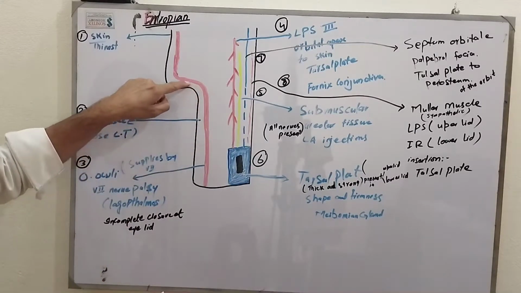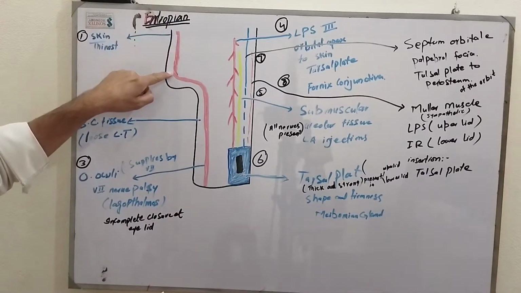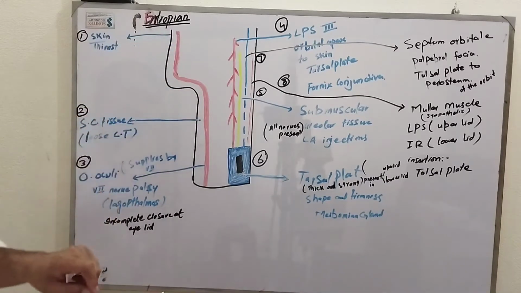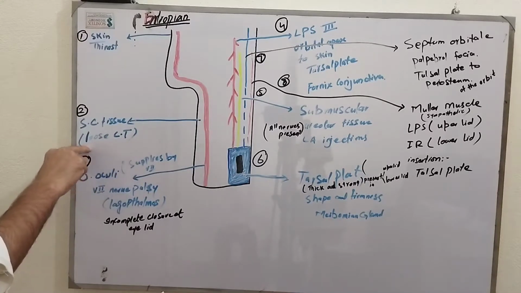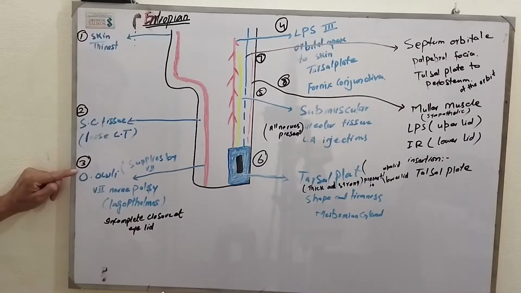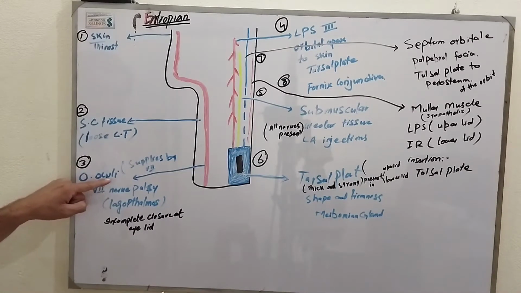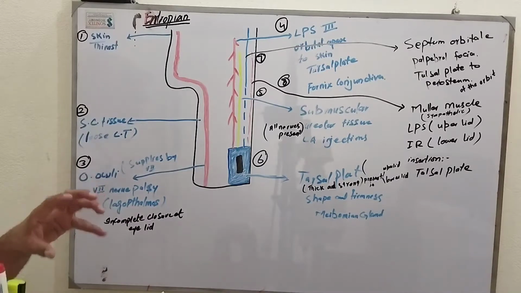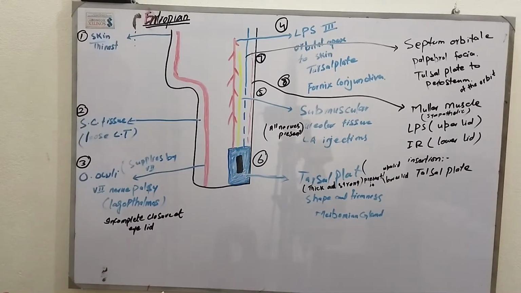You can see this white area is subcutaneous connective tissue. This is basically a loose connective tissue. The third structure in our eyelid is the orbicularis oculi muscle. This is an important structure we are going to explain.